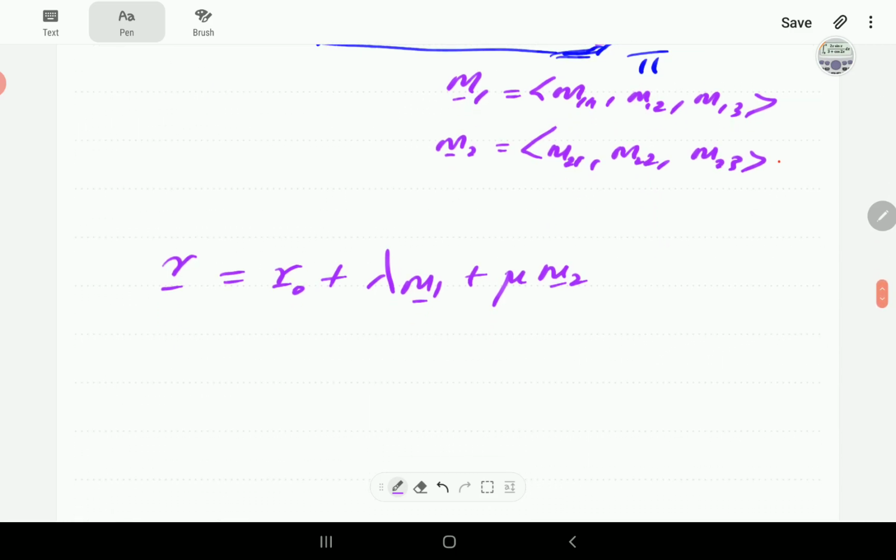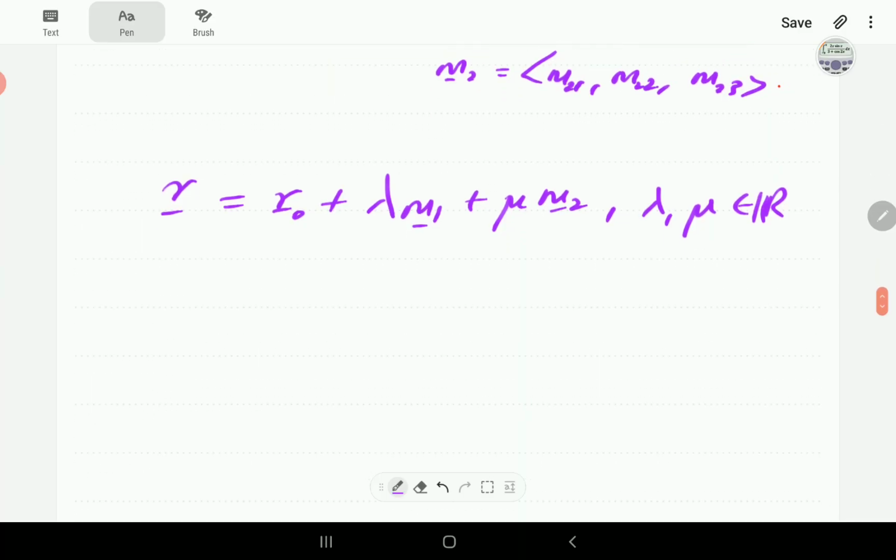So that's going to be the vector equation of the plane, where lambda and mu are real parameters. So a plane is going to have two parameters in its vector equation.